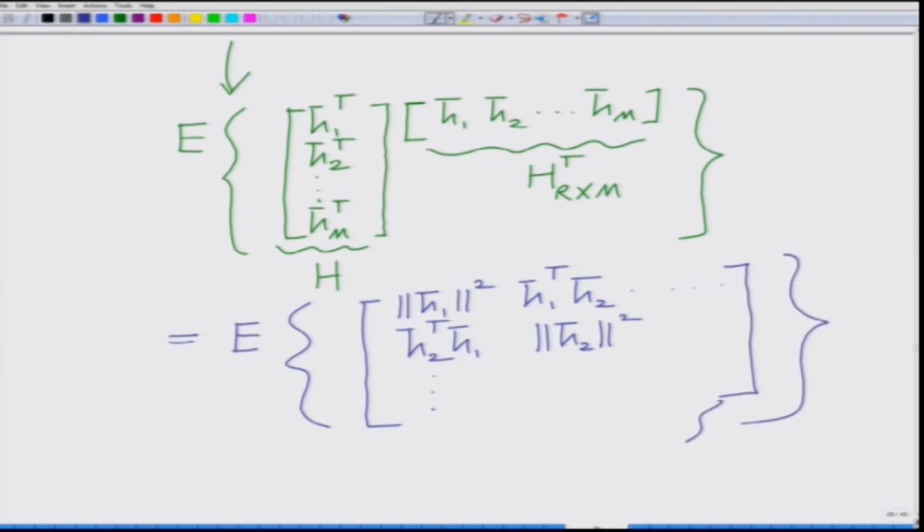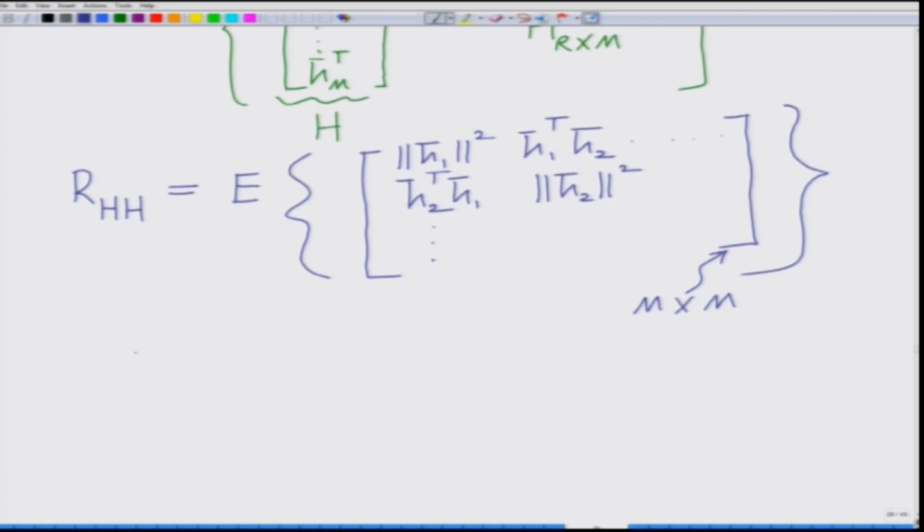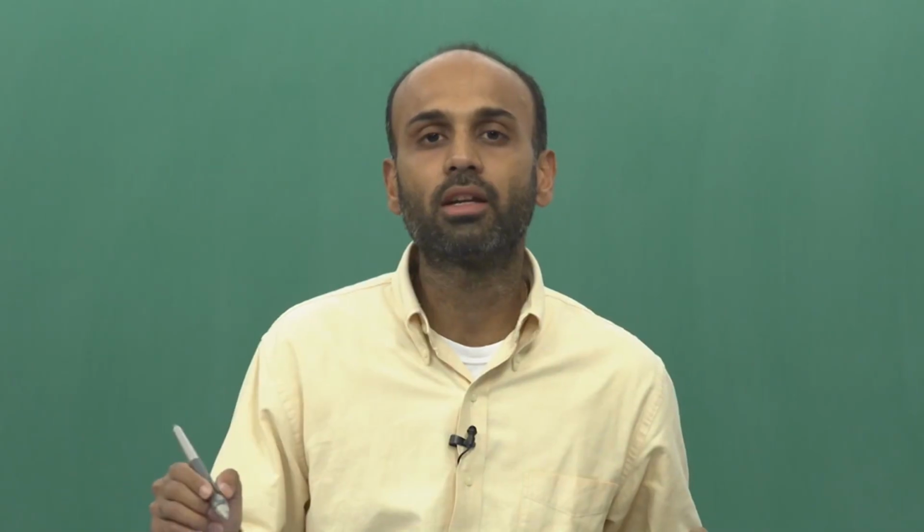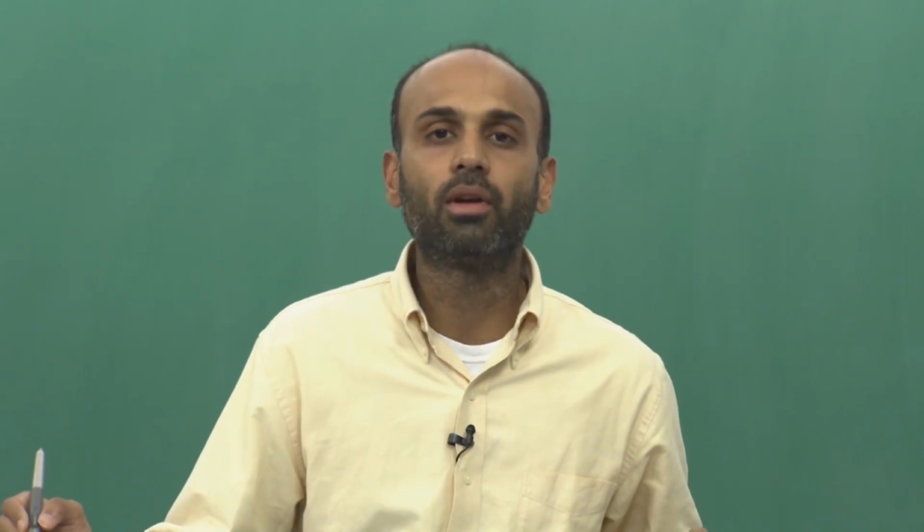This is the product of M cross R and R cross M, so an M cross M matrix. This is your R_HH, the covariance matrix of the channel matrix H bar. Now we want to compute this covariance matrix by taking the expected value of this matrix.